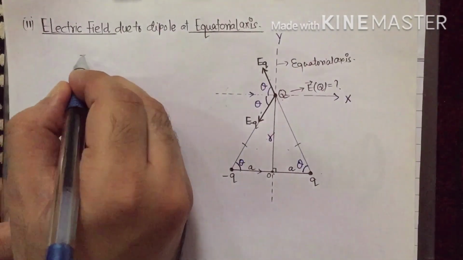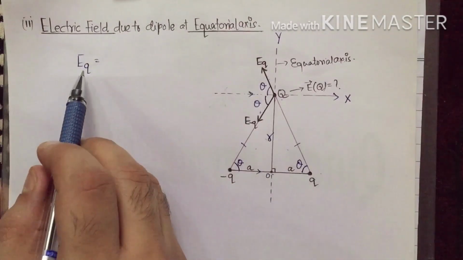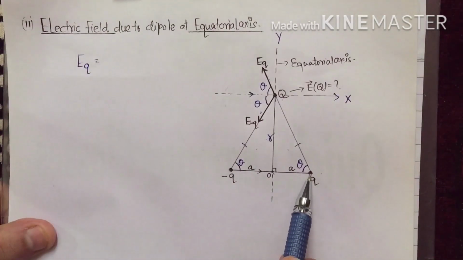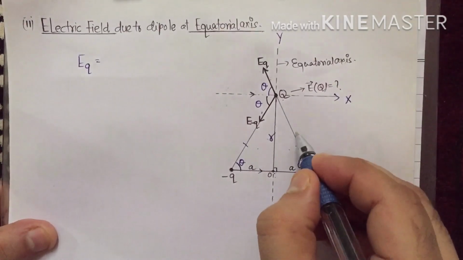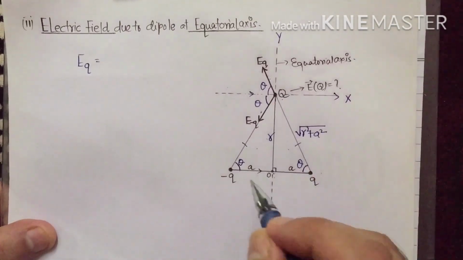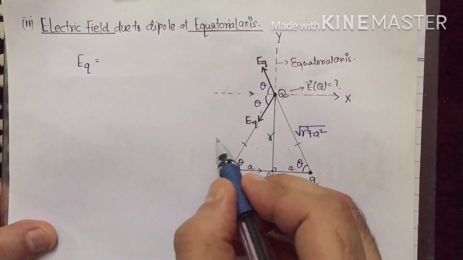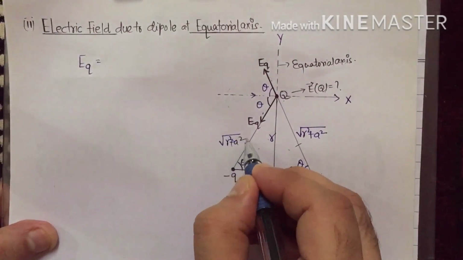We can write the electric field due to plus q is, for this we need the distance of the charge q from Q. Now this is r, this is a, so therefore this distance will be under root of r square plus a square. Similarly, this distance will also be equal to under root of r square plus a square.